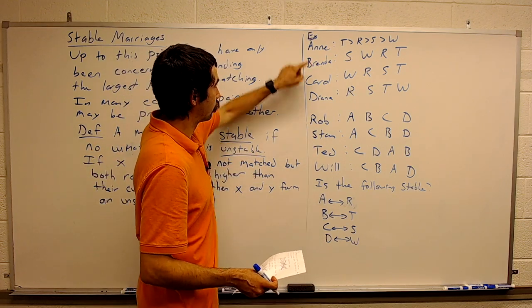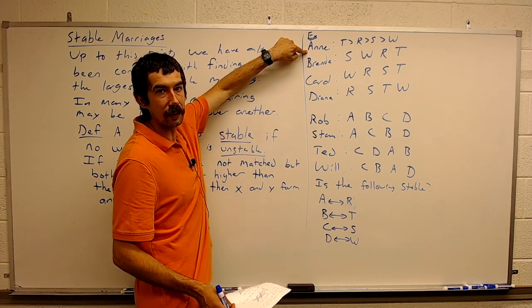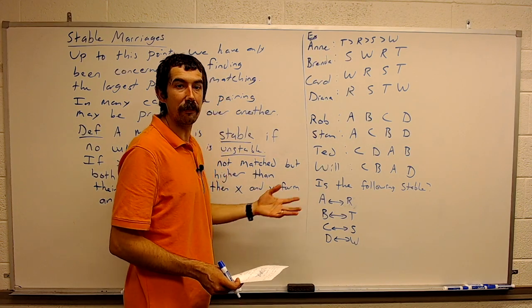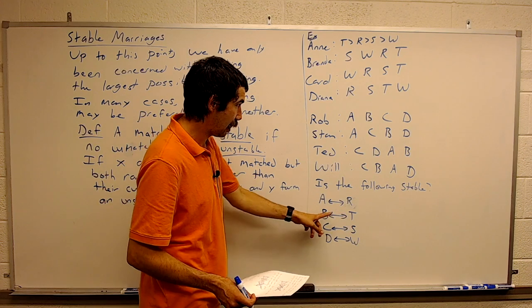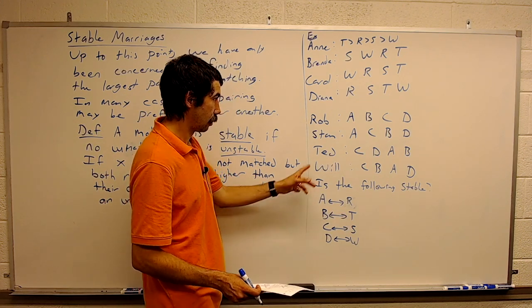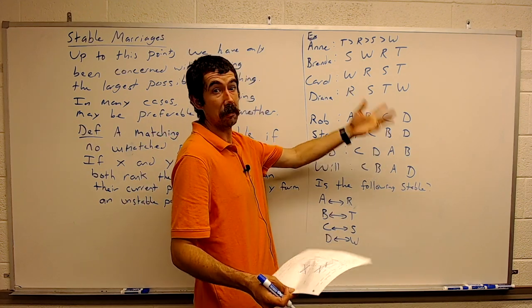The only person Anne would leave Rob for is Ted, but Ted is matched up with Brenda. Oh, Ted would, okay, there you go.